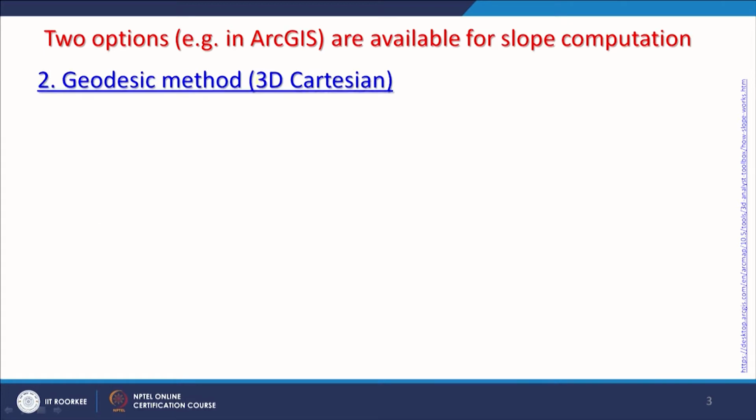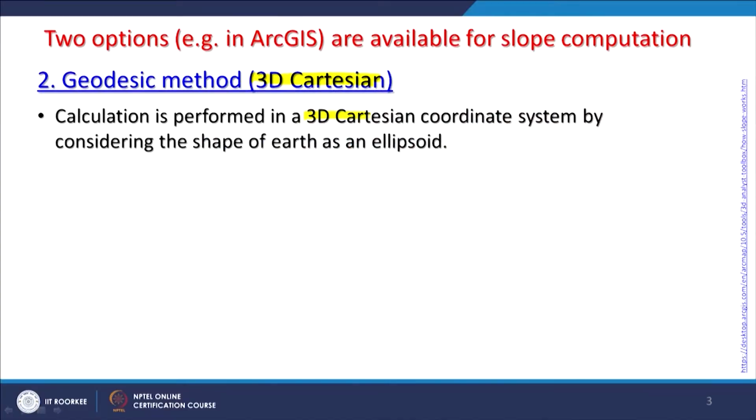Now, another method is the geodesic method, or 3D Cartesian method. Here it is not assumed as a plane calculation, but it is 3D. That means the calculation is performed in a 3D Cartesian coordinate system by considering the shape of the earth as an ellipsoid.